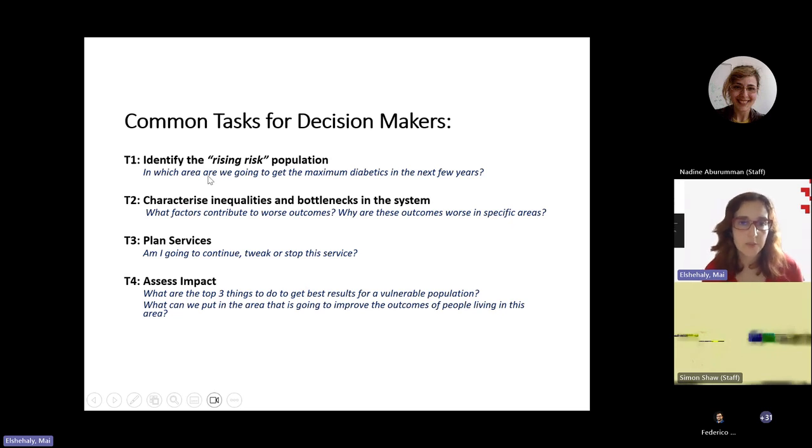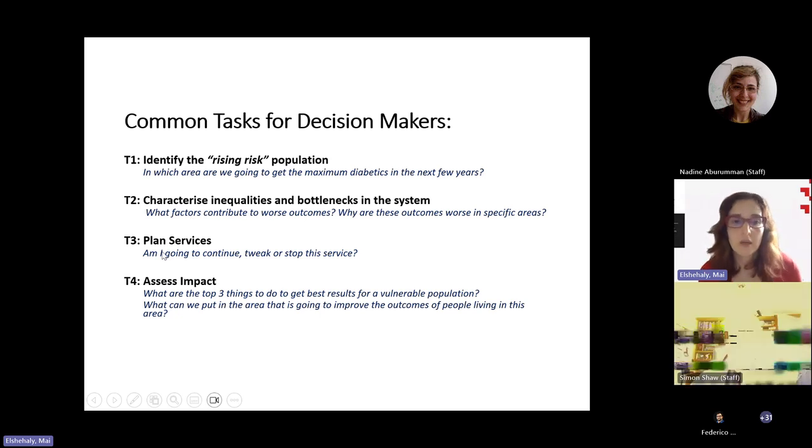So if you were looking at a specific area, or at different areas, in which area are we going to get the maximum number of diabetic patients in the next few years, for example. So looking at this idea of rising risk in the population, identifying inequalities and bottlenecks in the system.